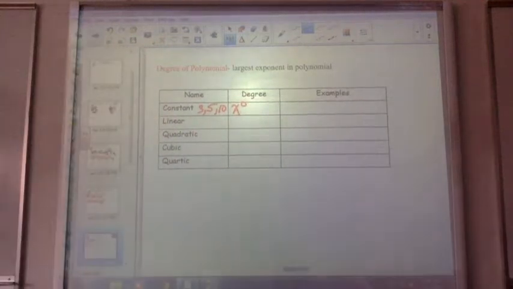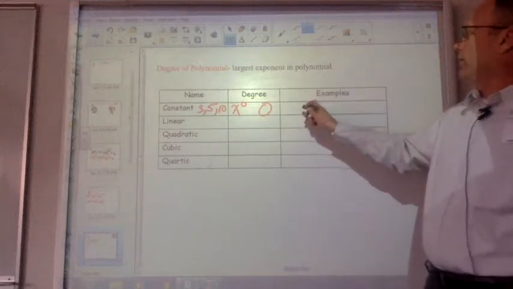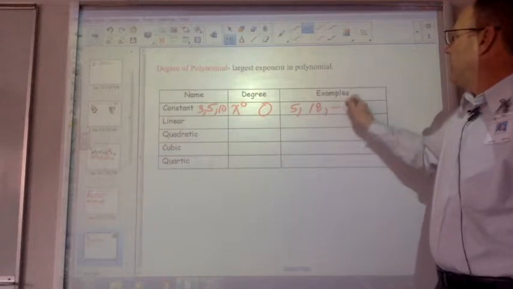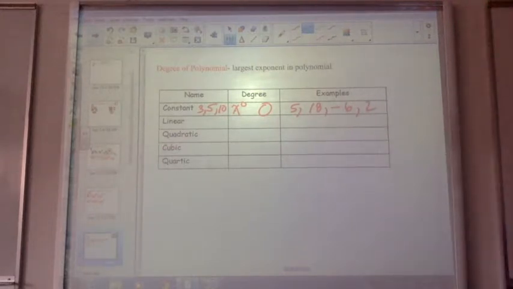Because x to the 0, like 95% of y'all got this right on the test, so let's see if you can get it right. X to the 0 is? 1. Okay? So the degree of a constant is to the 0 power. And so your examples are like 5 and 18 and -6 and 2. Okay? Those are constants. It's just a numeric value. It doesn't have a letter attached to it.